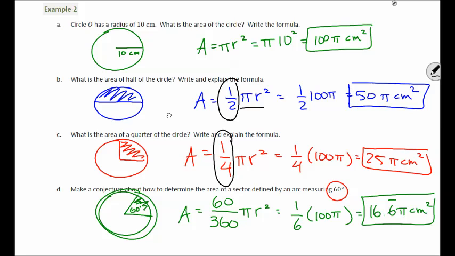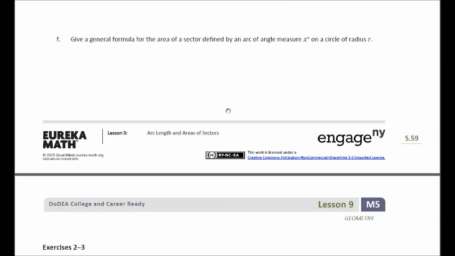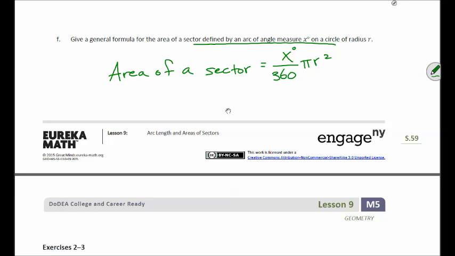So our general formula will be some fraction times the area of a circle, and it'll be very close to this one, with the angle measure where the 60 degrees is. Let me scroll down and write that. So the general formula for the area of a sector is x degrees out of 360 times the area of a circle, pi r squared.